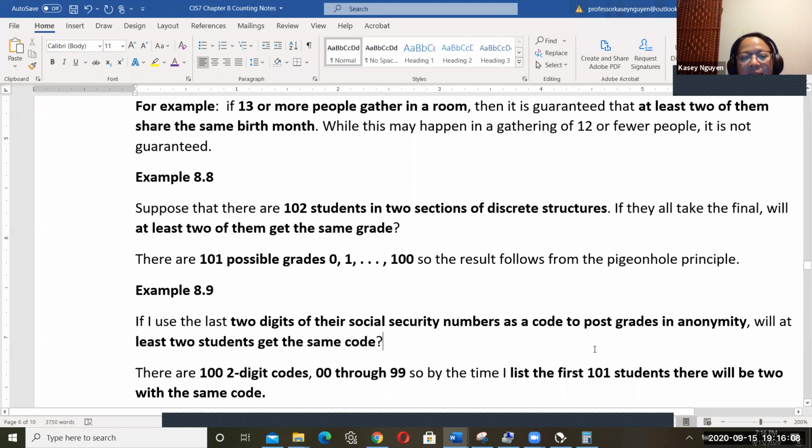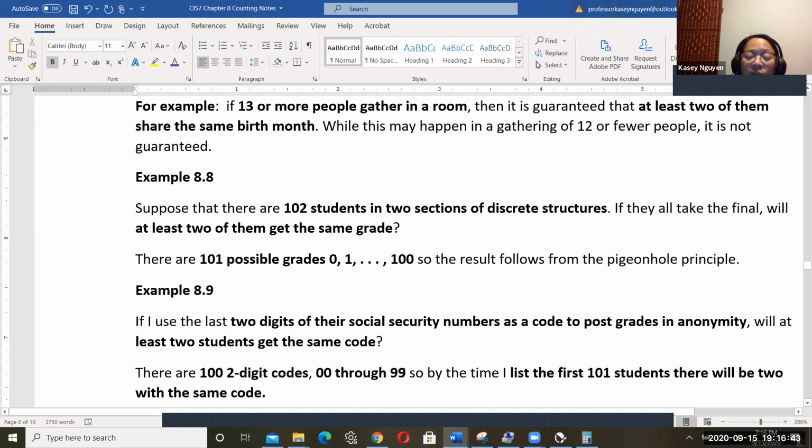For 8.9, it says if they list grades, which they can't do anymore. They used to do this. If they use the 2 digits of the Social Security number or student ID and they post the grade, okay, you would have 100 of the 2-digit codes, 00 through 99.